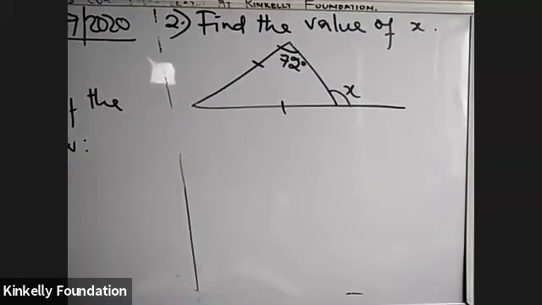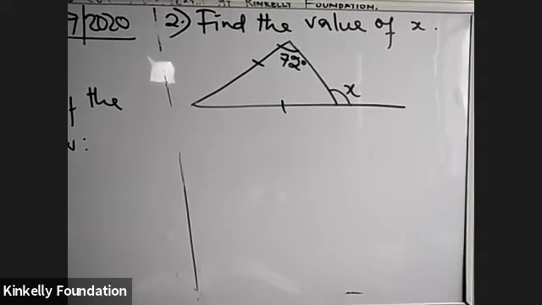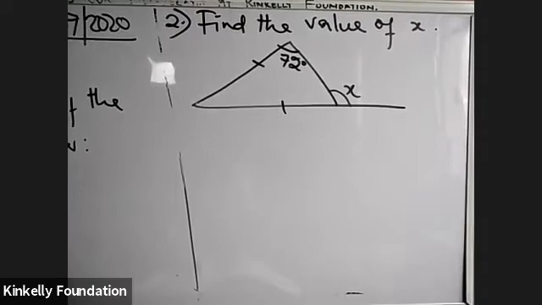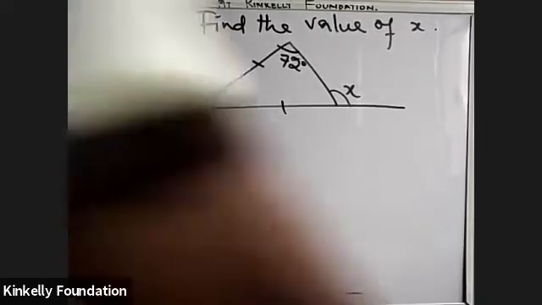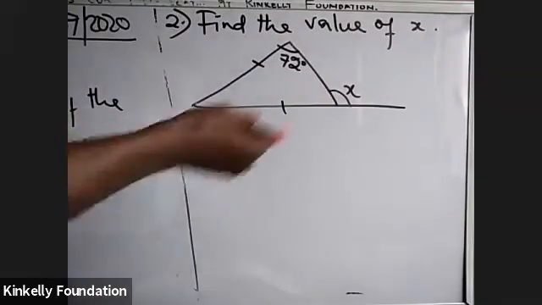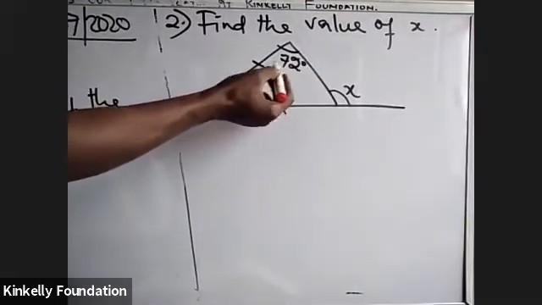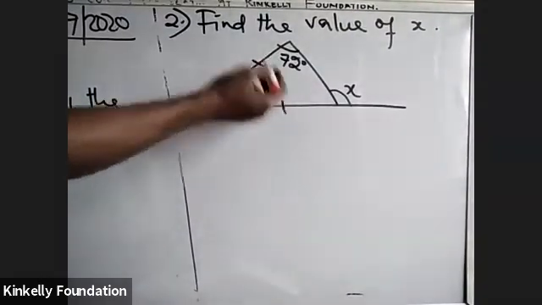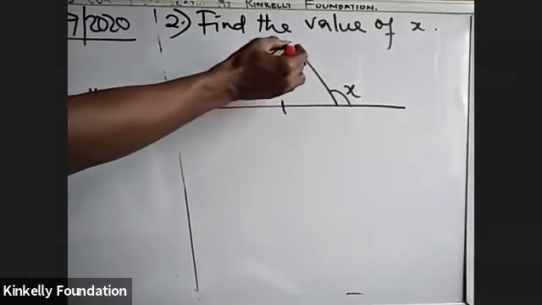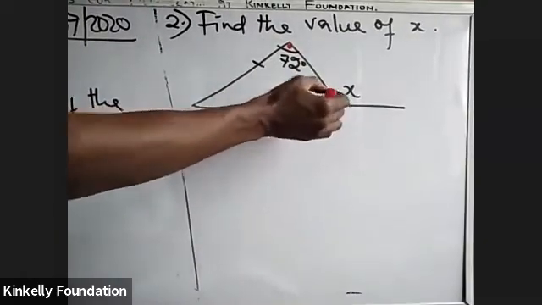Find the value of x in that question. What do we do? Now we know that in this question, if these lines are equal, it means that this angle is equal to this angle.